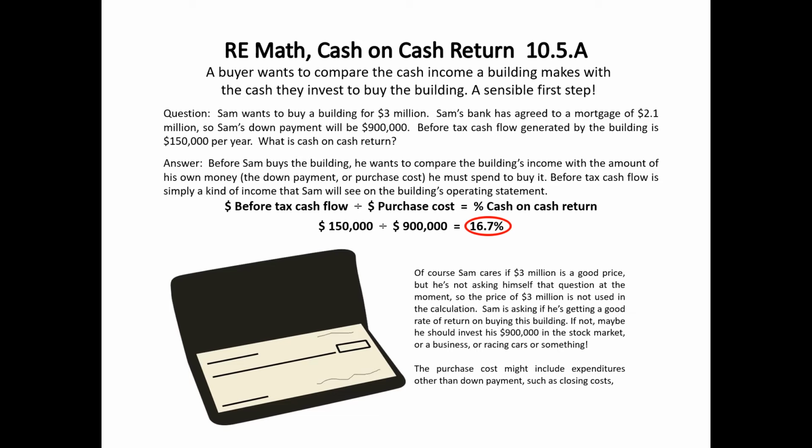I don't know. So the purchase cost in real life might include expenditures other than down payment, such as closing costs. But generally speaking, these questions are pretty simplified. So for all intents and purposes, the purchase cost will generally be synonymous with the down payment.